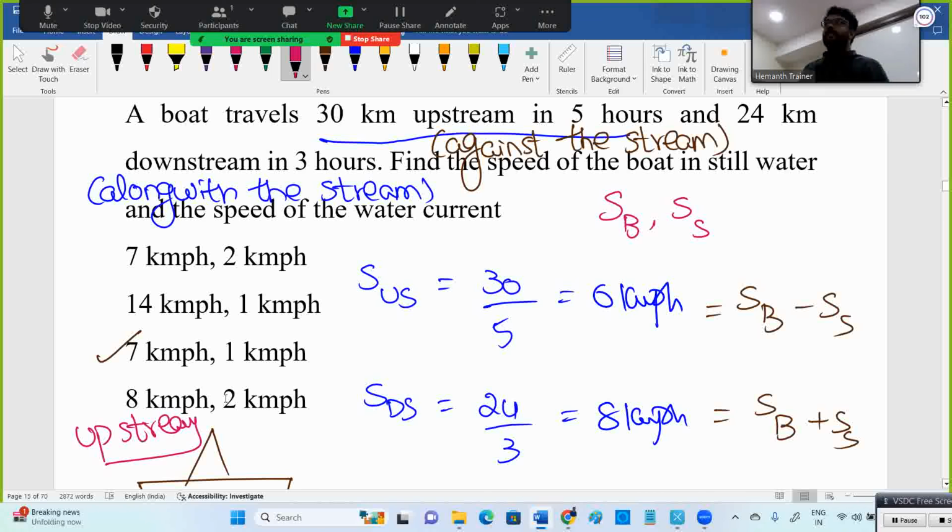Understand the concept. But now some of you may have a doubt: sir, in relative speed, same direction speeds are subtracted and opposite direction speeds are added. Why is it different here? Now you may have a doubt. I hope you understand why plus and why minus. Is that clear? Now let's go for the normal case.